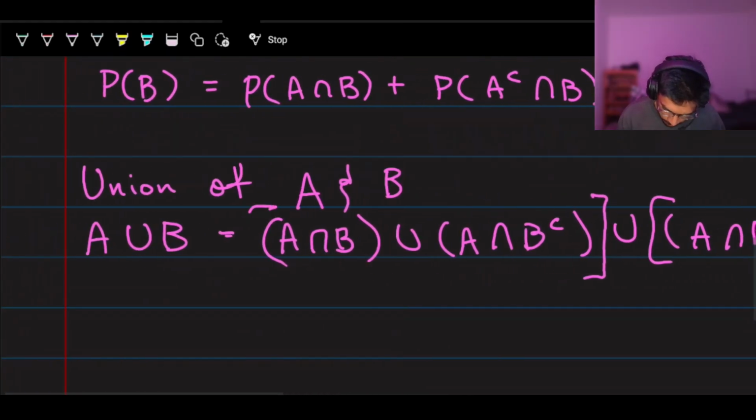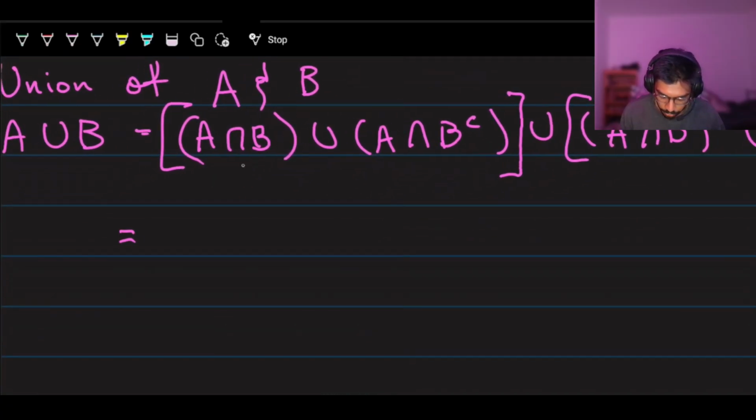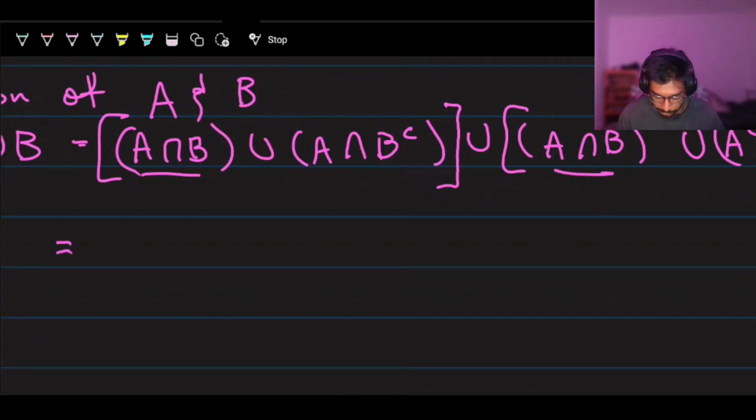And the union of the same two events is just that event, so we don't really have to count A intersect B twice.